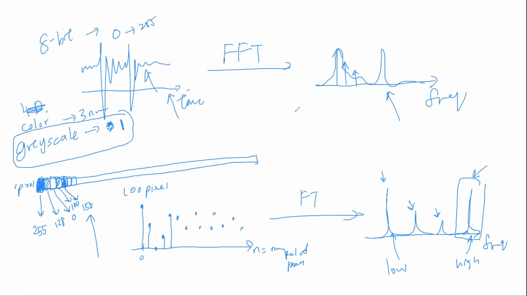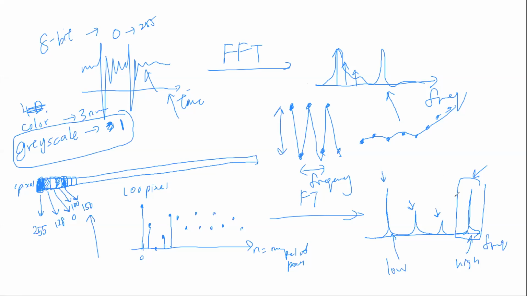Let's say you have a signal that goes from top to bottom to top to bottom. This is the frequency, right? So it has big changes. If your signal always has small changes, then you don't have any big changes.